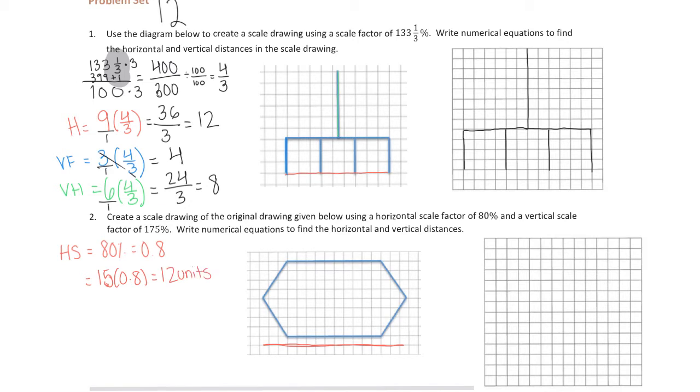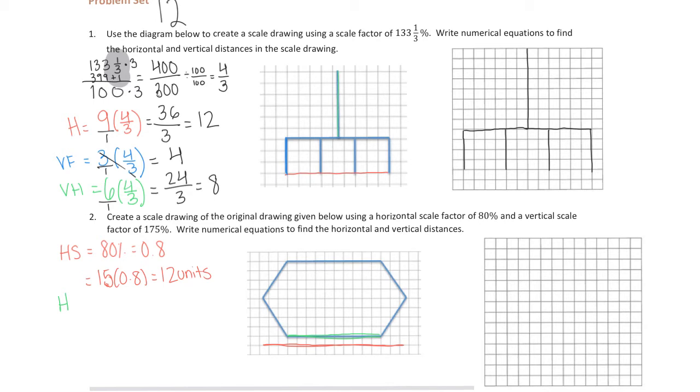Now we got to find out what is going to be the horizontal segment length. That means we want to find the length of this. Okay, so let's go ahead and count them. 1, 2, 3, 4, 5, 6, 7, 8, 9, 10. Well, I'm glad that Miss White can count.